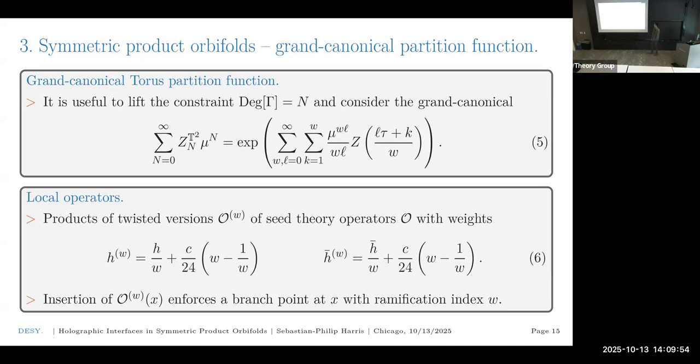And by taking this description in terms of the covering maps for the torus and cutting open the torus, you can also figure out what the insertion of these operators has to do for the covering maps. So the insertion of this O_W(x) enforces a branch point at x with ramification index W. So it changes the set C associated to some observables to a set of covering maps which has these additional ramification points.